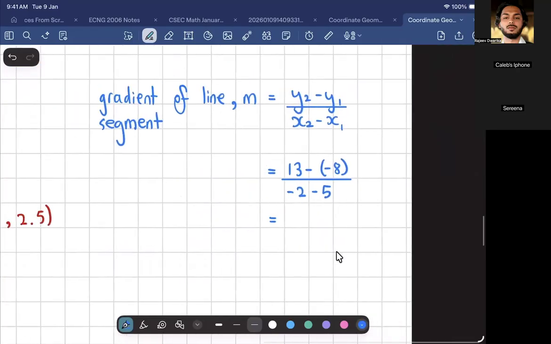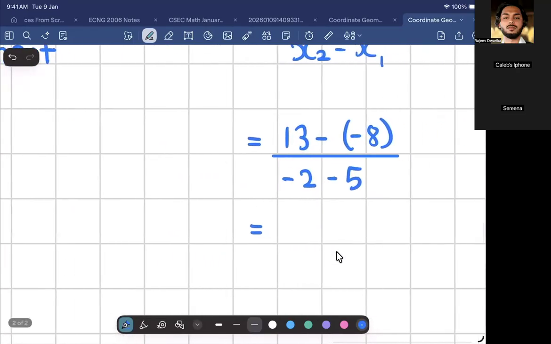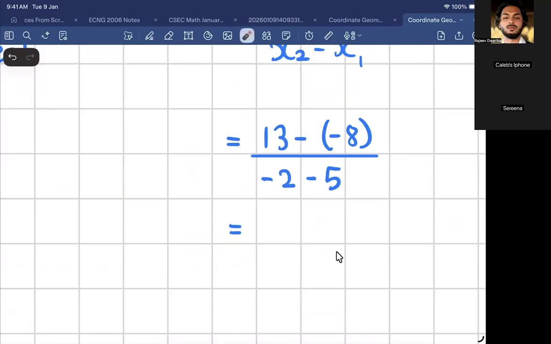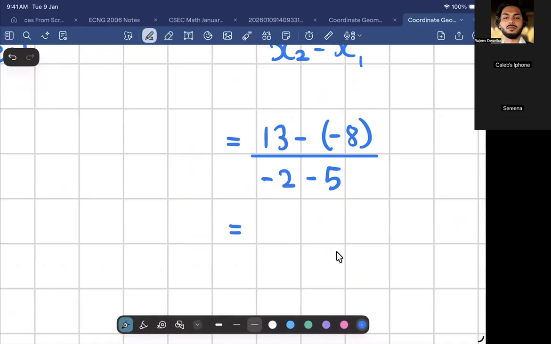So what is minus by minus? Positive. So what is 13 plus 8? 21.